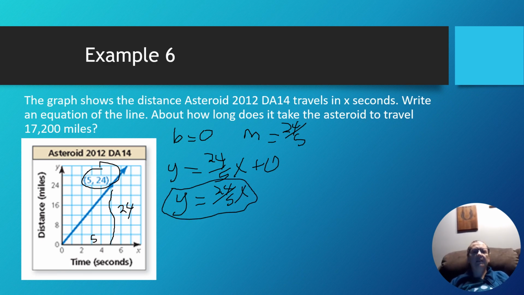The second part says, about how long does it take the asteroid to travel 17,200 miles? So the traveling is the distance, so that's my y value. So I'm plugging in that 17,200 in for y and solving for x. So I multiply both sides by 5/24 in order to get my answer.